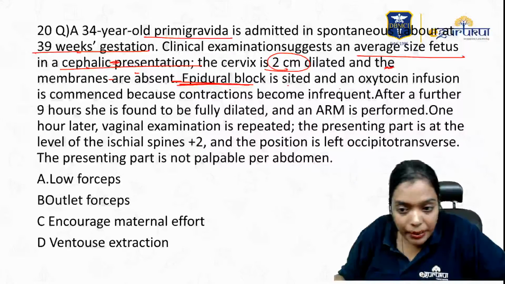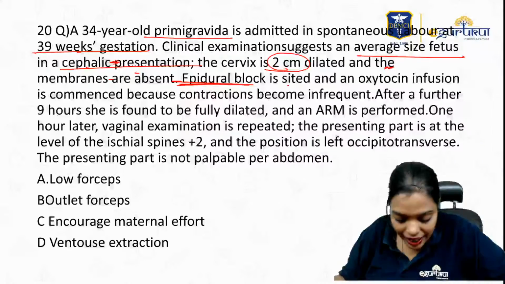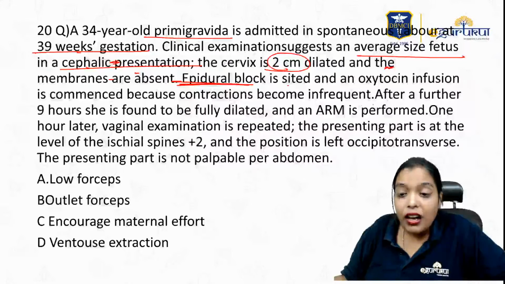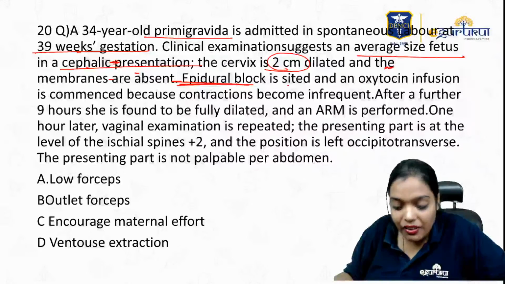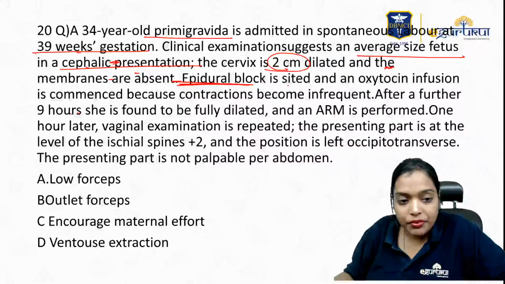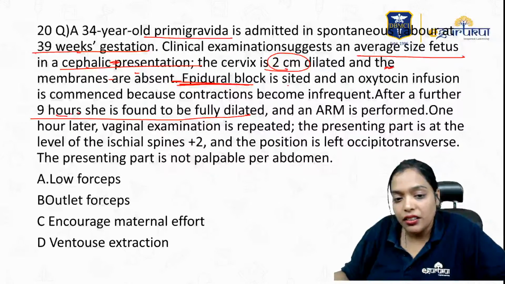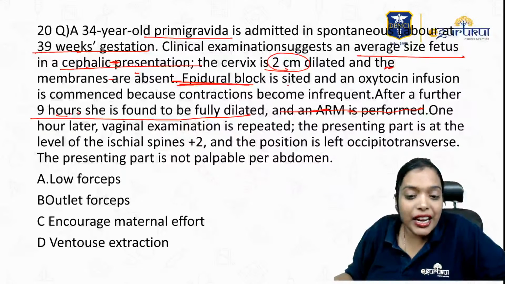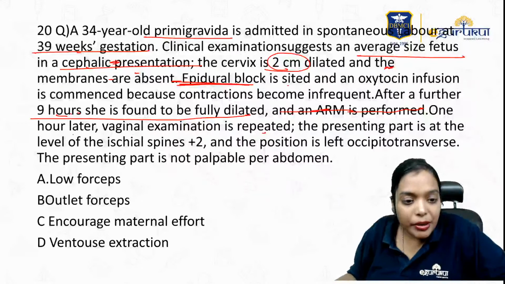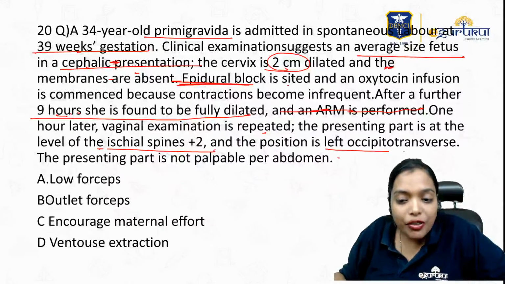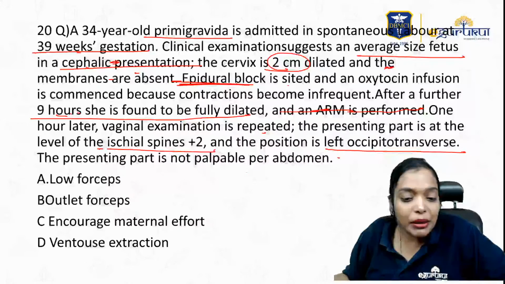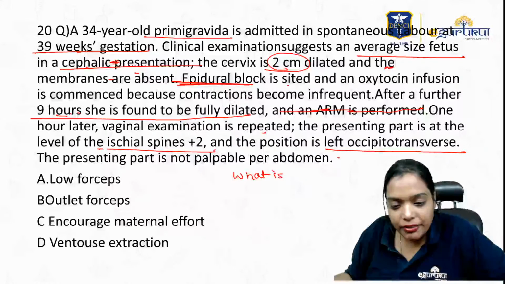Oxytocin infusion is commenced because contractions became infrequent. After a further 9 hours, she is found to be fully dilated. 1 hour later, vaginal examination is repeated. The presenting part is at the level of ischial spine plus 2. Position is left occipitotransverse. Presenting part is not palpable per abdomen. What is the management?